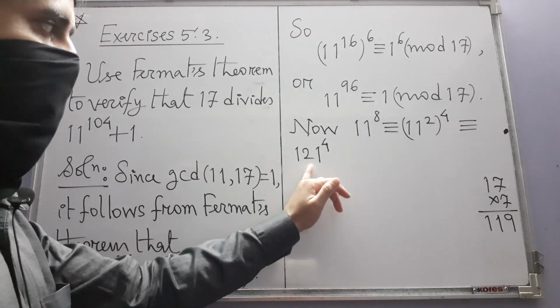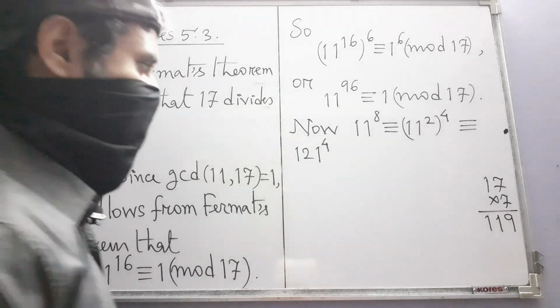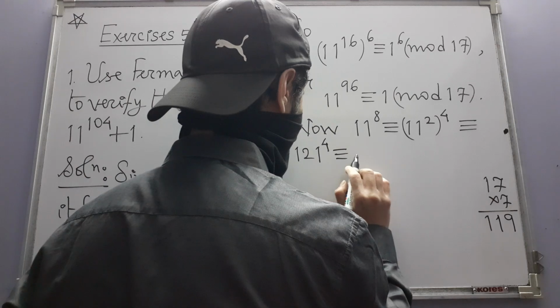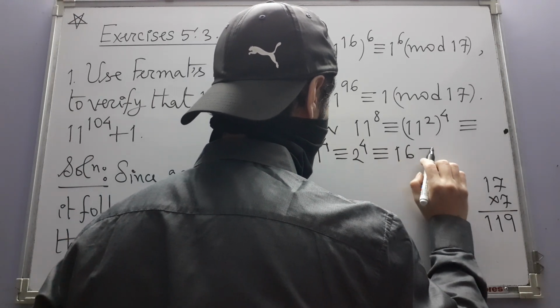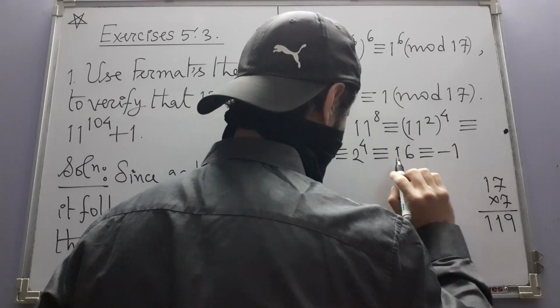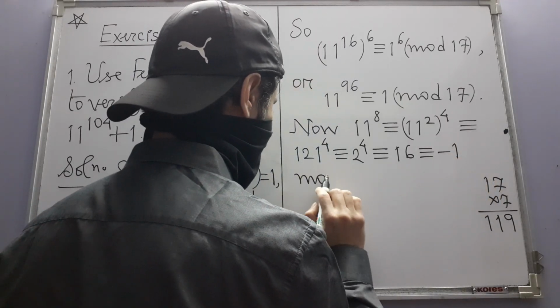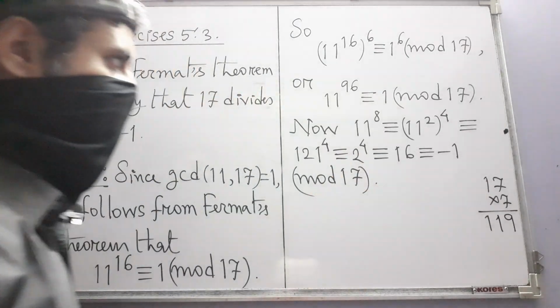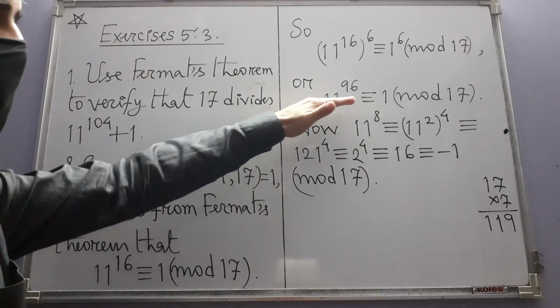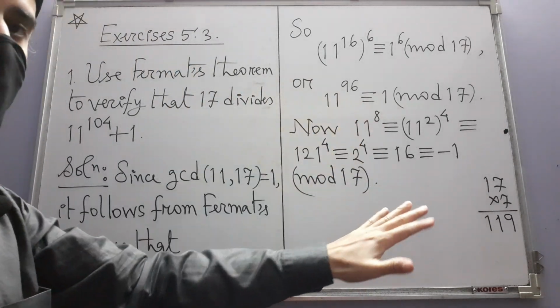That is 2 less than 121. So the remainder is 2. Then 2 to the power 16 is congruent to minus 1 modulo 17. So now what we can do, we can multiply these two congruences, this one and this one.